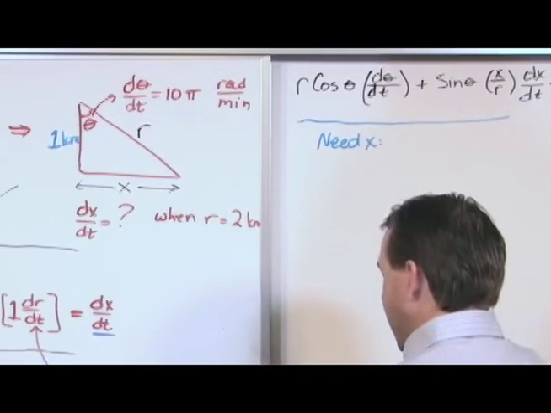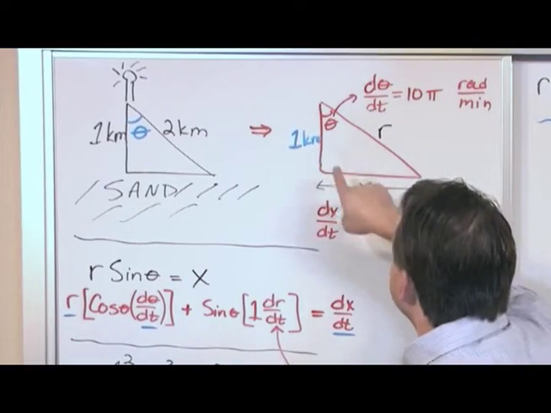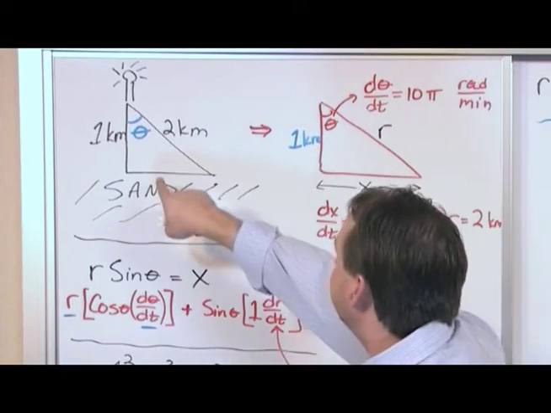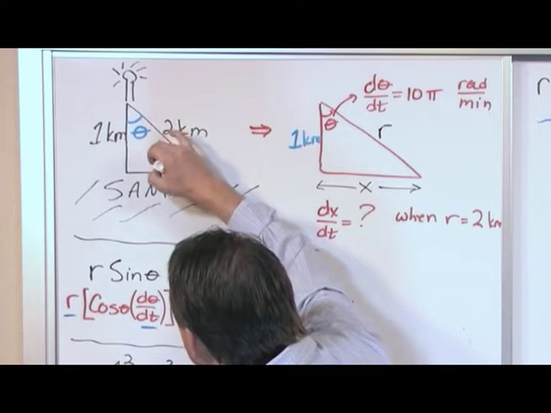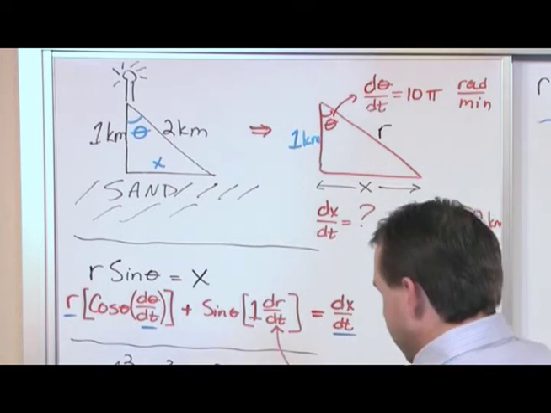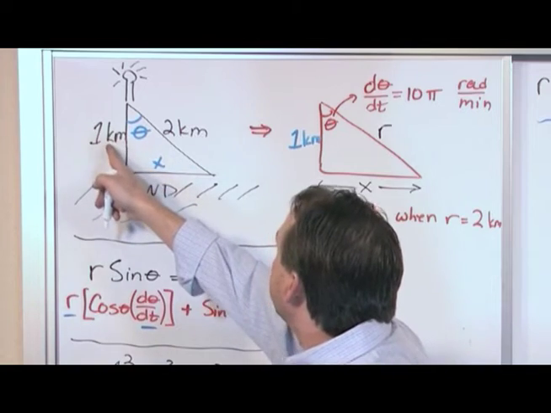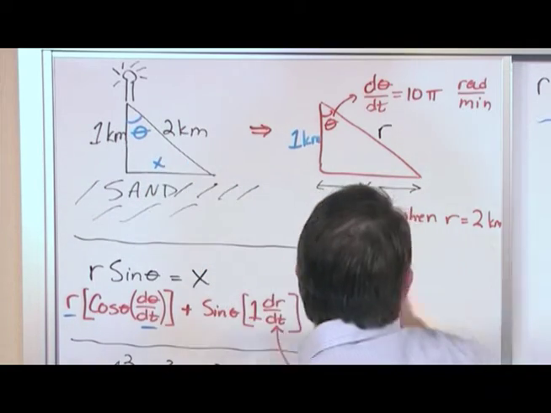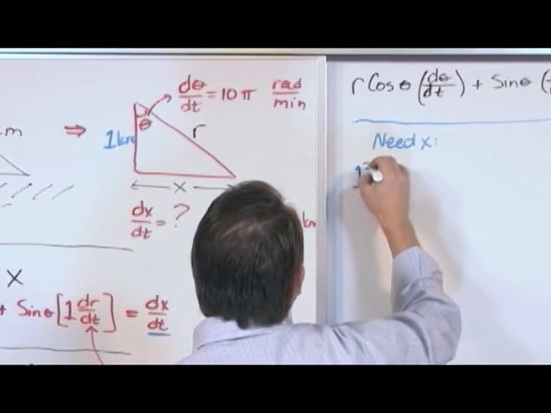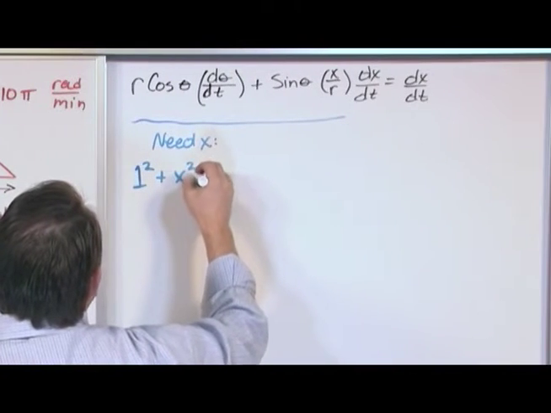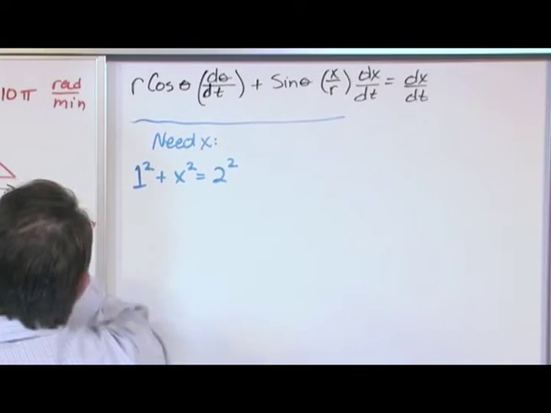So the way I'm going to find that is I'm going to look at this guy, because this is also x right here. How am I going to find x? Well, if you think about it, this is the Pythagorean theorem. 1 squared plus x squared is equal to 2 squared, because 2 is the hypotenuse.